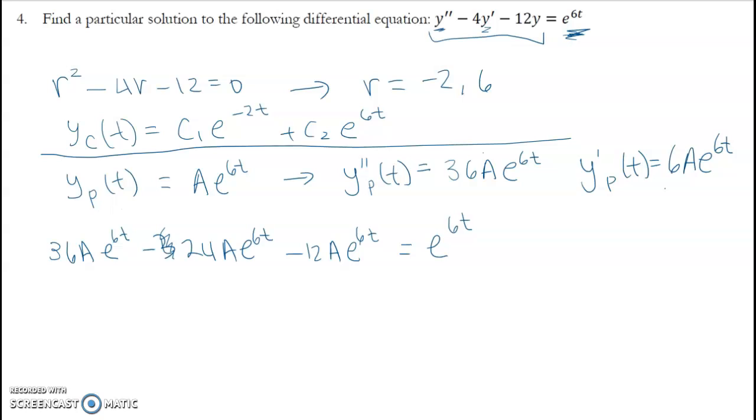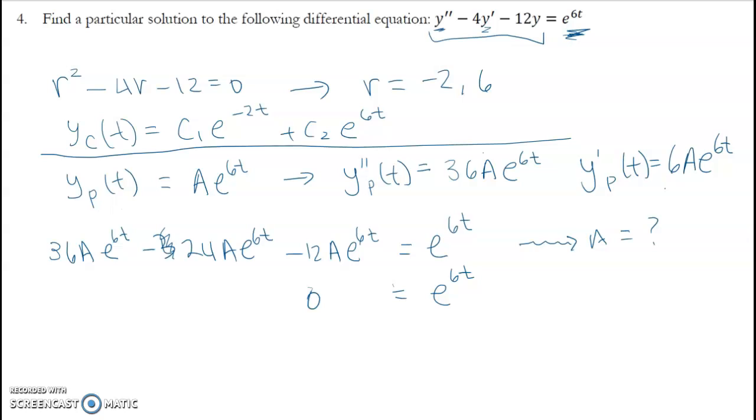If we do this, the left-hand side nicely equals 0. So 0 equals e to the power of 6t. Normally, solving this equation should let us solve for a. But in this case, a completely went away, and we get this weird thing, 0 equals e to the power of 6t. And this is never true.